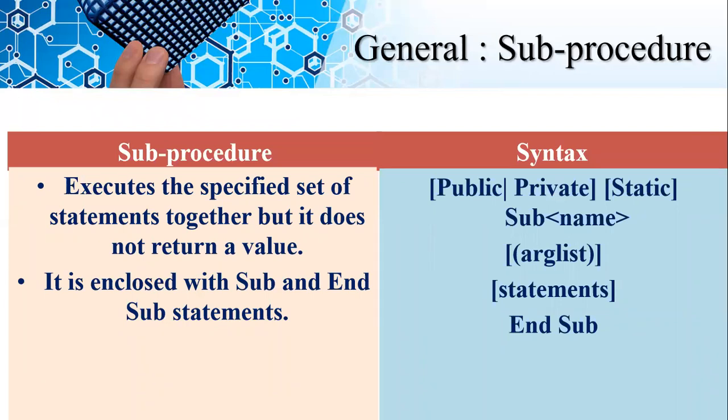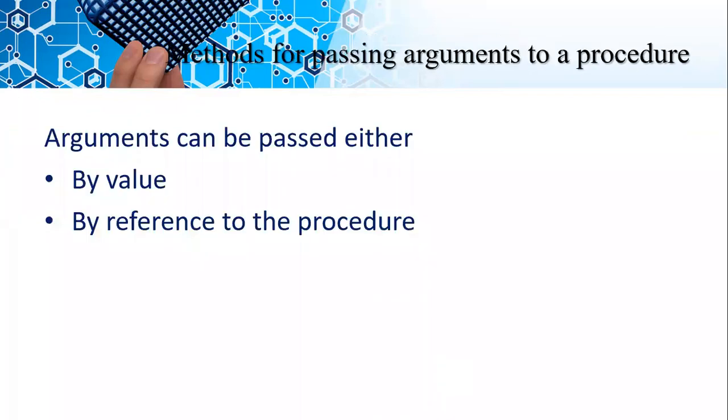It is similar to the function. The sub procedure starts with the Sub keyword and is ended with End Sub. The syntax of the sub procedure and the function is the same, but while creating a sub procedure in Visual Basic, you should specify the keyword Sub and end it with End Sub.